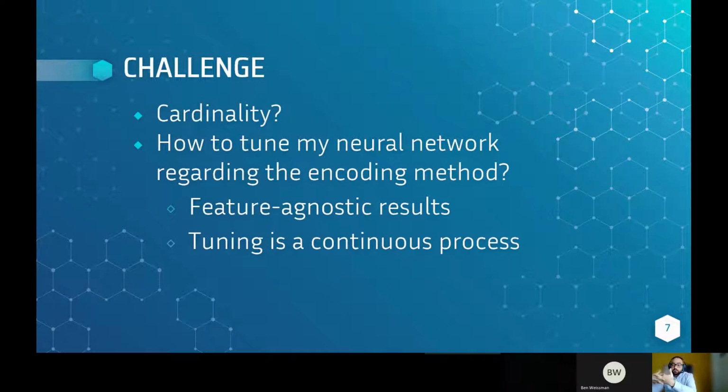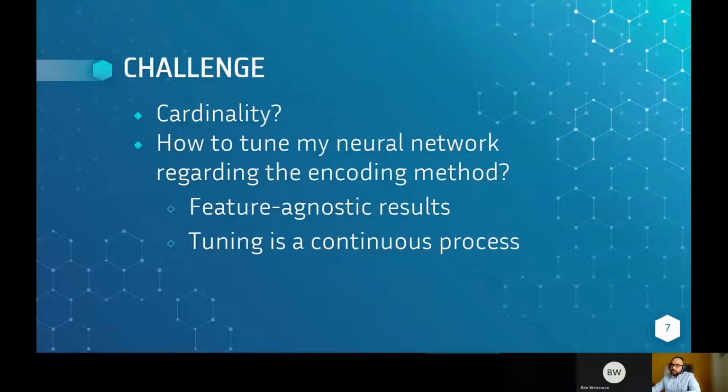But if you want to really polish off your models and continue to deliver excellent results, that's a continuous process. And the challenge here is that when you get a certain categorical data encoding method, it introduces something else that you need to take care of, configure and incorporate into this continuous process.